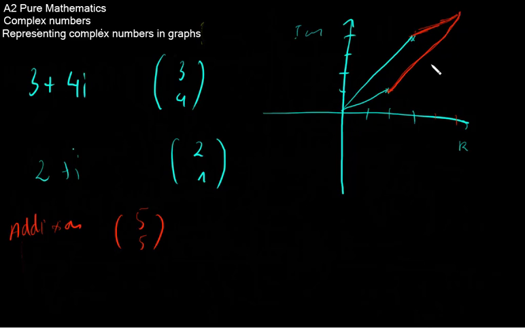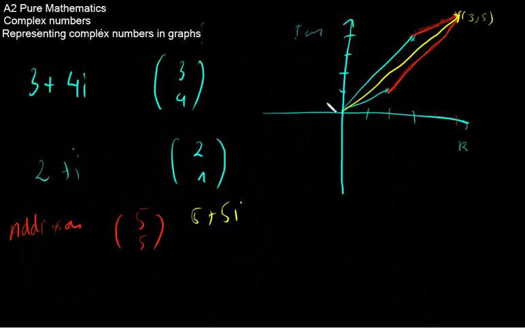And the funny thing about the diagonal of this parallelogram is that it gets to the point (5, 5), which represents the complex number 5 plus 5i, the addition of these two complex numbers. So if we add two complex numbers, we can represent the result in an Argand diagram as the diagonal of the parallelogram made by those two complex numbers. Similarly, we see this as a vector (5, 5).